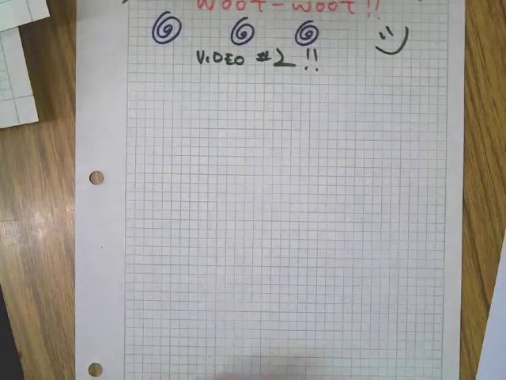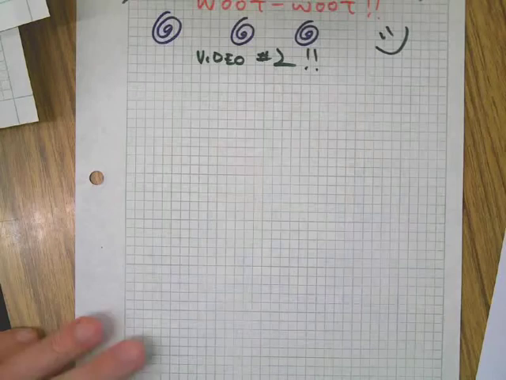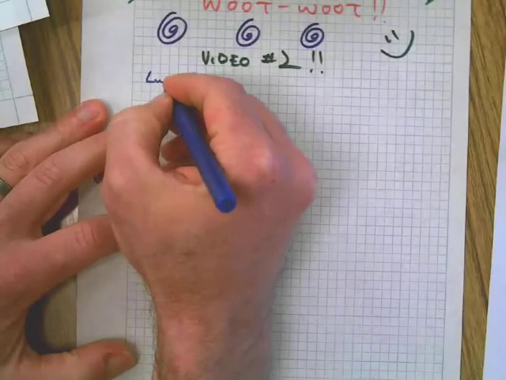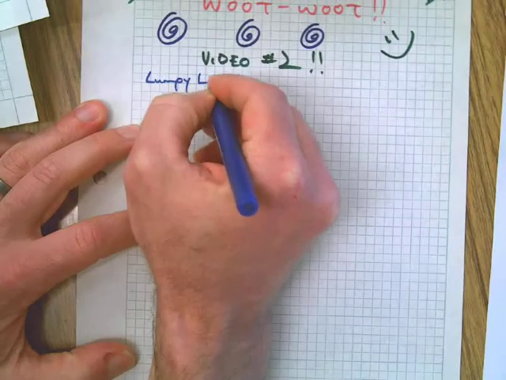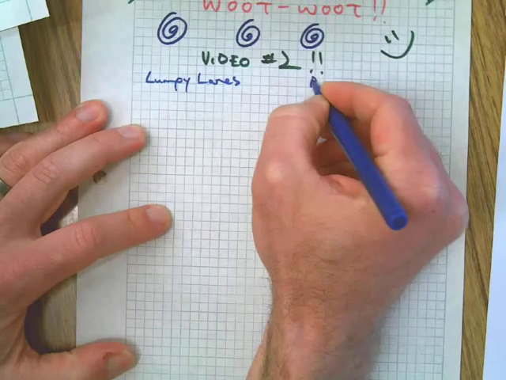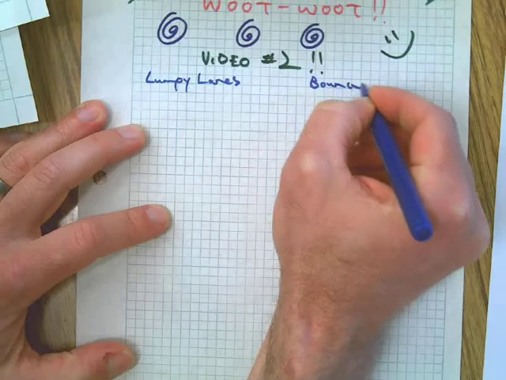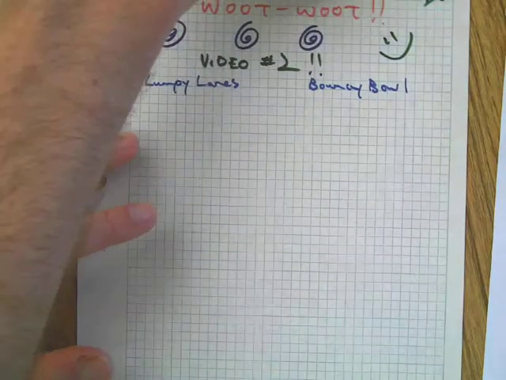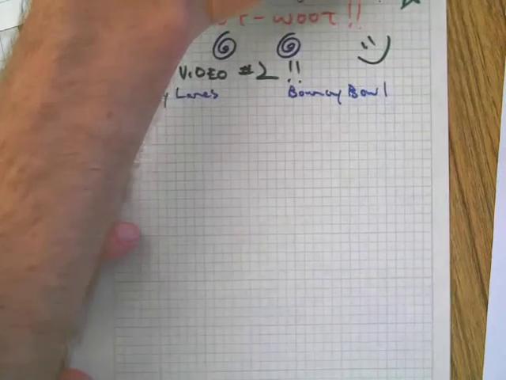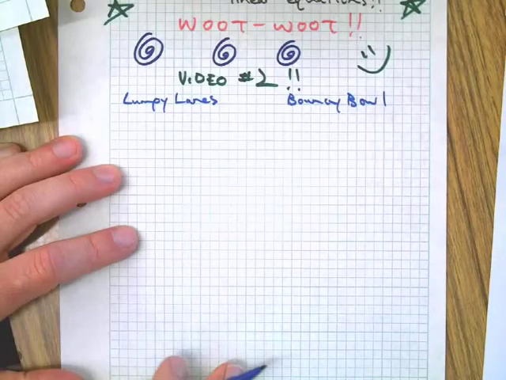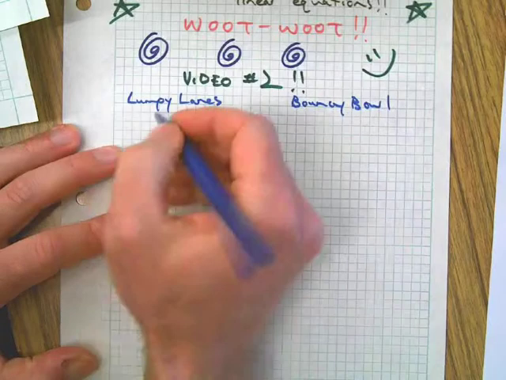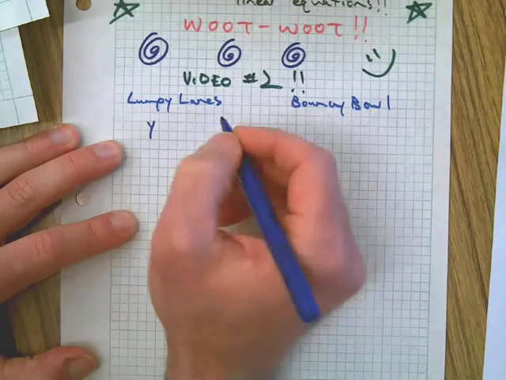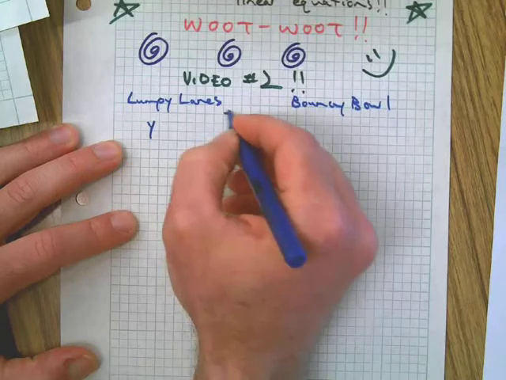Welcome back. I'm going to start with some algebra. We're going to have Lumpy Lanes, and we're going to have Bouncy Bowl. Let me zoom in a little bit here so you don't get my high quality tabletop in the picture. Lumpy Lanes: $5 for shoes, $4 for each game.